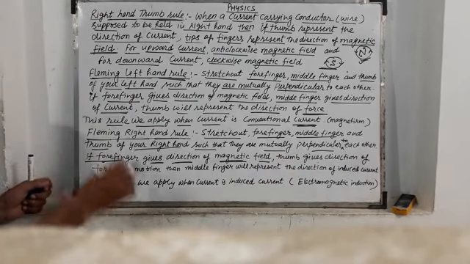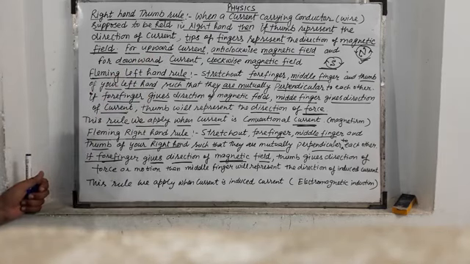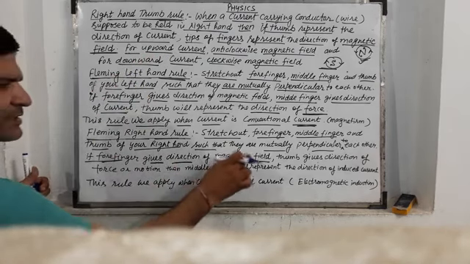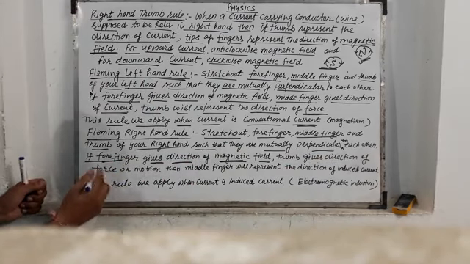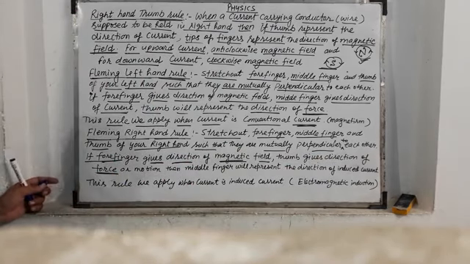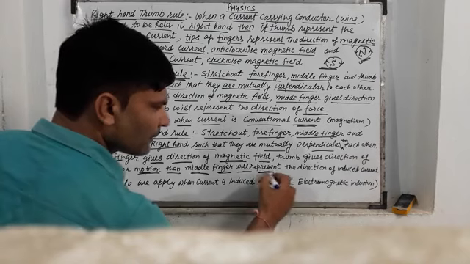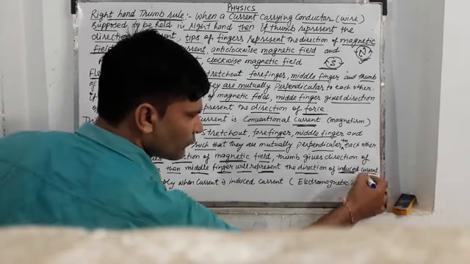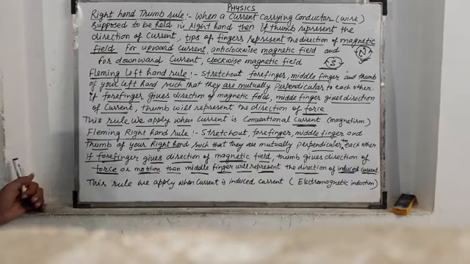Now the order is changed as compared to the left hand rule. Forefinger gives the direction of magnetic field, thumb gives the direction of force or motion. Then the middle finger will represent the direction of induced current. In this case we are dealing with induced current.